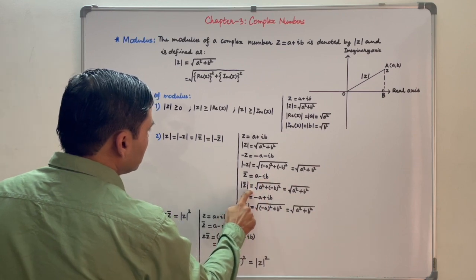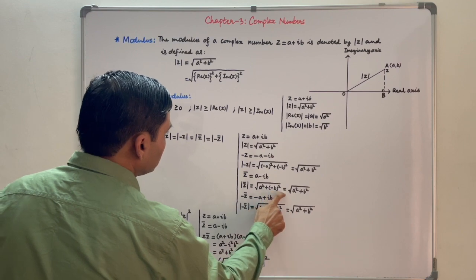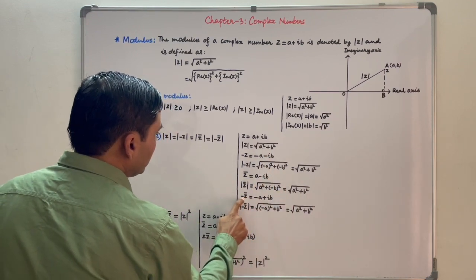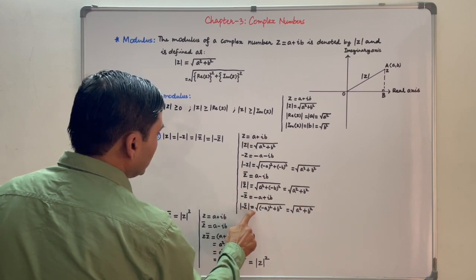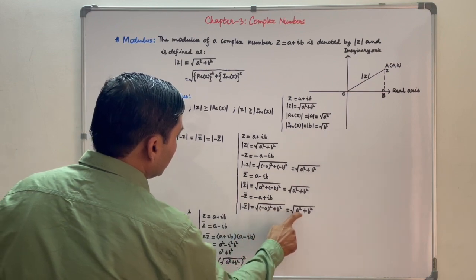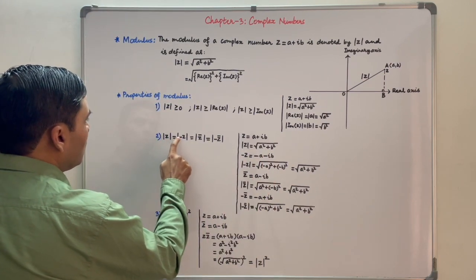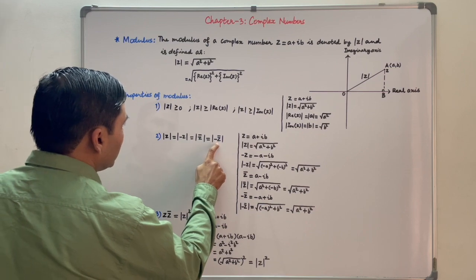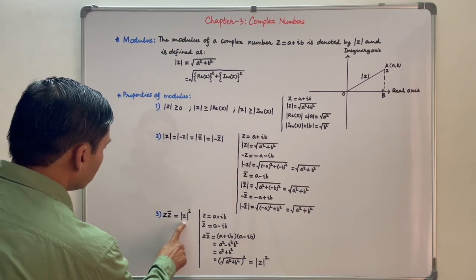So mod z bar is equal to under root a square plus minus b whole square, and that is equal to under root a square plus b square. Minus z bar is equal to minus a plus ib. So mod minus z bar is equal to under root minus a whole square plus b square, and that is equal to under root a square plus b square. So mod z is equal to mod minus z is equal to mod z bar is equal to mod minus z bar.